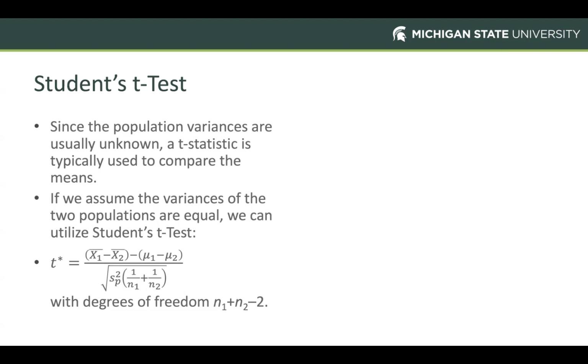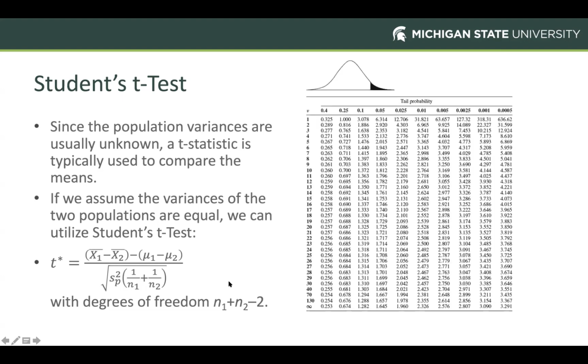So as an example, we would need to have at least 2 observations in each of those individual samples in order to calculate a variance and to ultimately calculate this t statistic. And so we have n1 minus 1 and n2 minus 1 degrees of freedom for samples 1 and 2 respectively. And so just adding those quantities together is where we get the n1 plus n2 minus 2, okay?